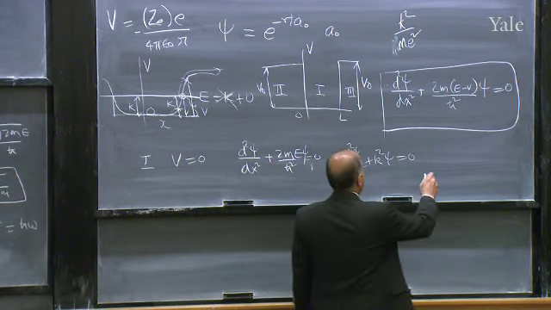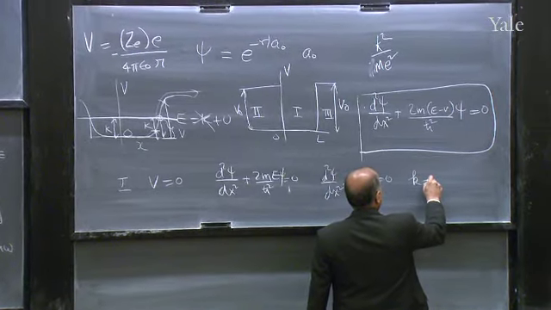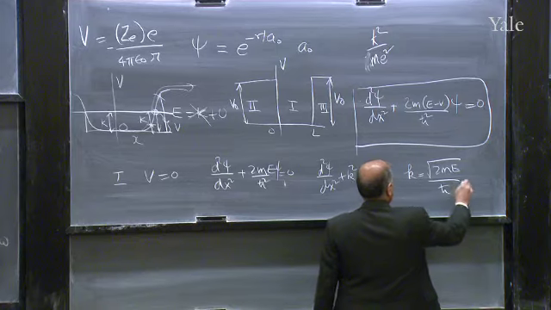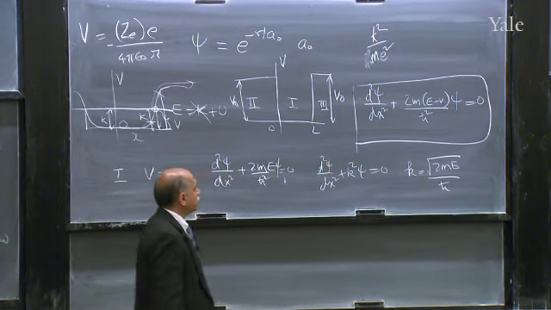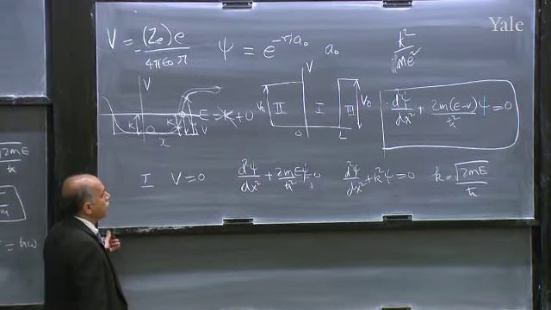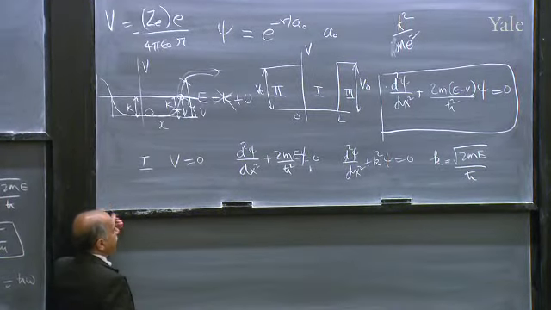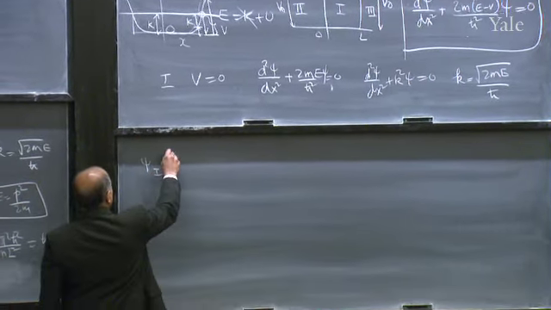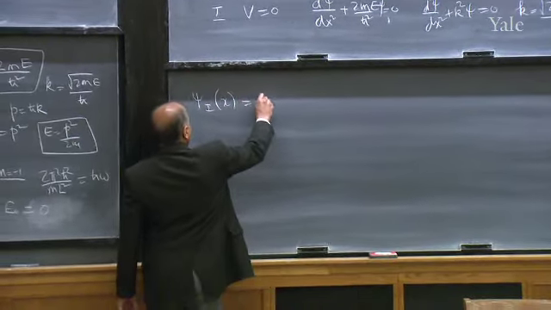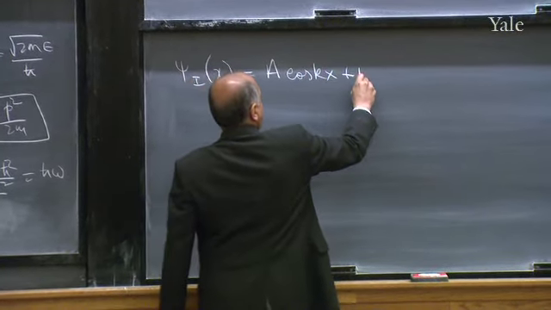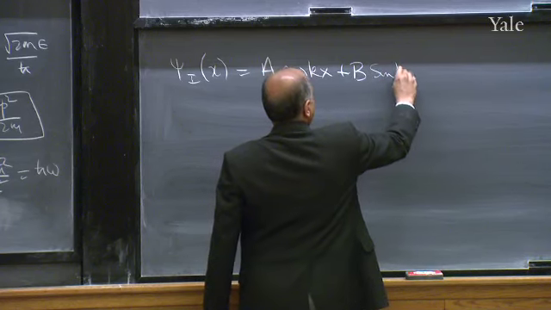This k is the same as before. k is equal to the square root of 2mE over h bar, in region 1. So what's the answer to that one? Again, it's exponentials, but I'm purposely going to write it in region 1 as follows: A cosine kx plus B sine kx.